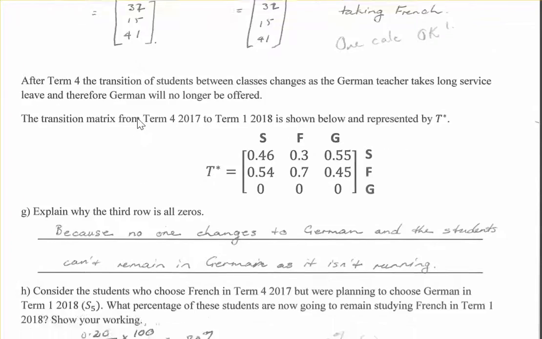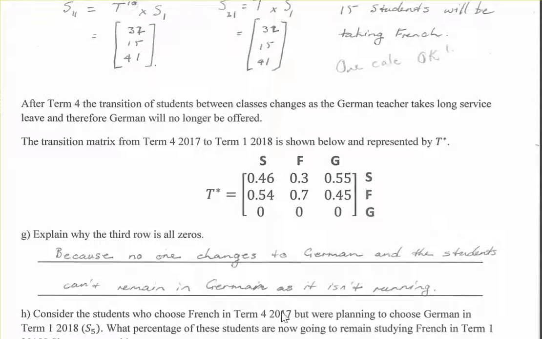So it says consider the students who chose French in term 4 2017, but were planning to choose German in term 1 2018. What percentage of these students now remain studying French in term 1? So what's happened is in term 1 2018, German's no longer offered.